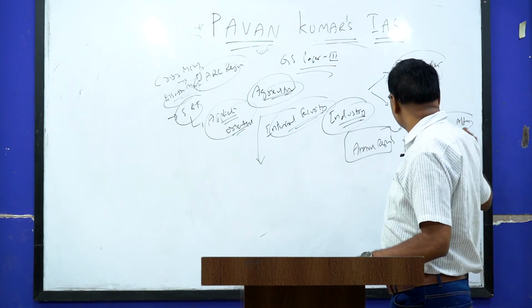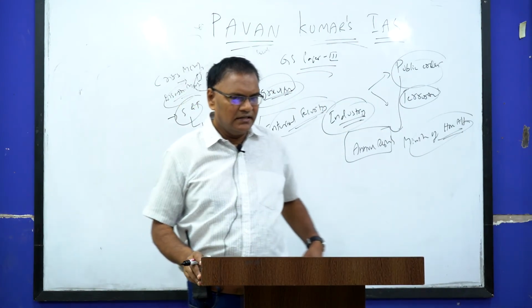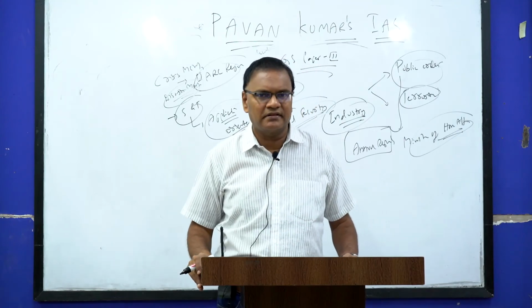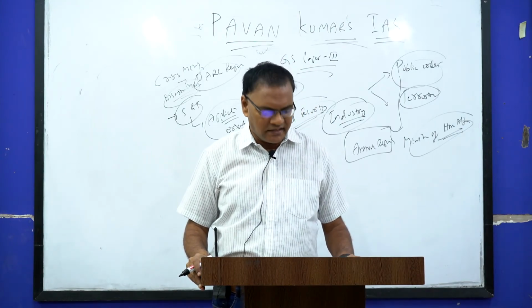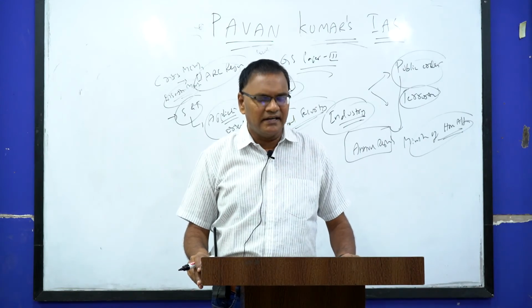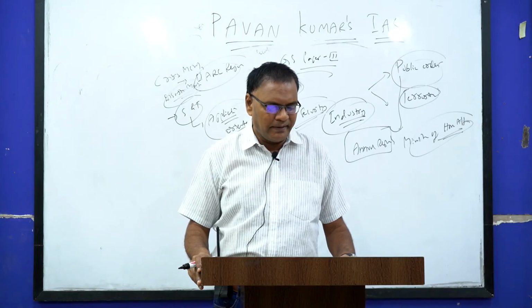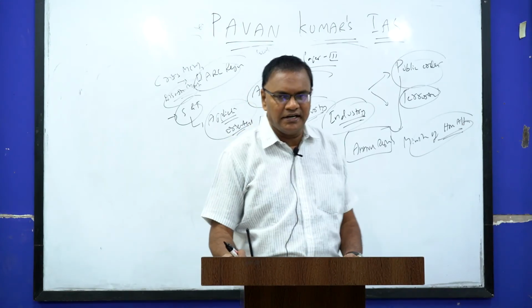The Ministry of Home Affairs comes out with an annual report wherein it provides extensive details about the major internal security problems, what are the measures taken by the Government of India, and what else can be done also. So this is the syllabus of paper 3 in General Studies.